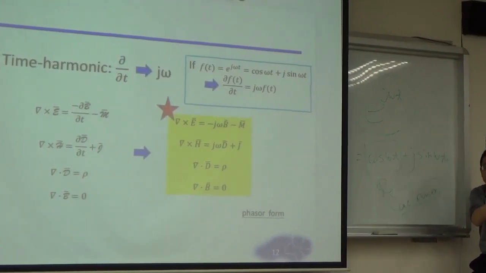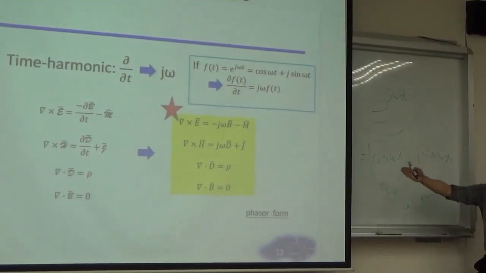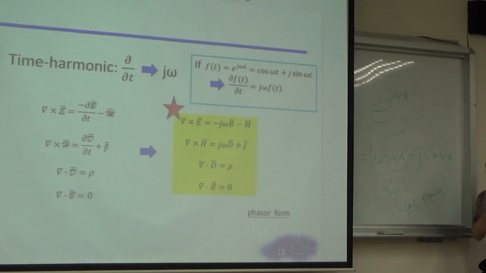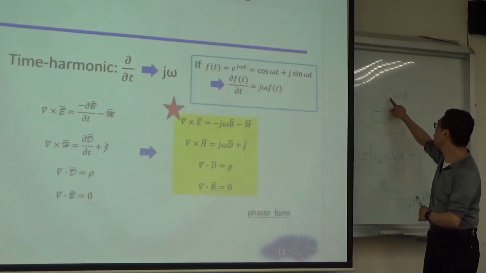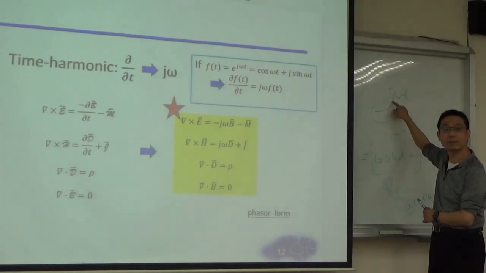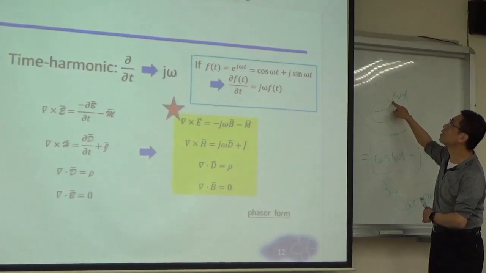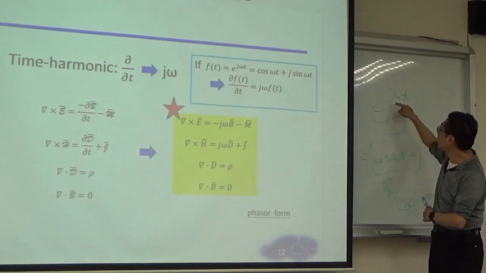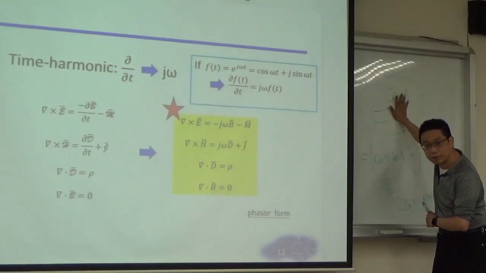But once I tell you that this E field, this H field, those 4 equations are in the time harmonic situation, you can directly use this part. You guys know j is i, right? It's the imaginary part. The square of j equals -1, okay? E to the power j omega t, this is the only part relevant to time.